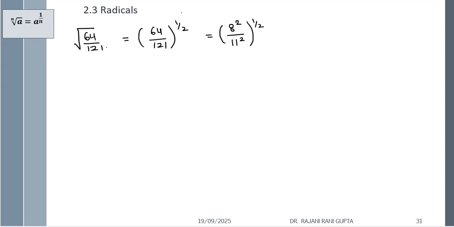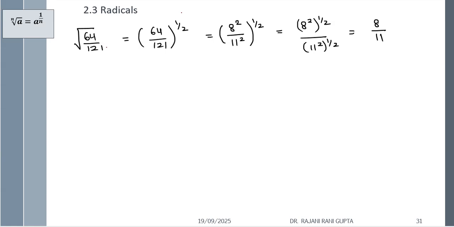And its whole power half. So this gives you 8 power 2 power half over 11 power 2 power half. Cancelling the power, you are left with 8 over 11. Since no variable is involved here, you don't need to put the absolute sign. You just put the numbers.